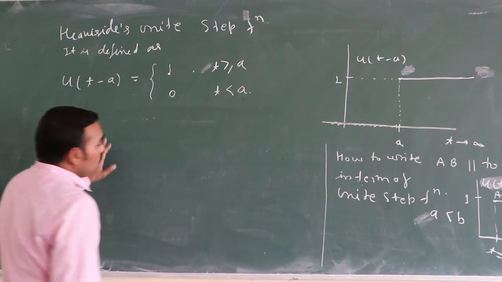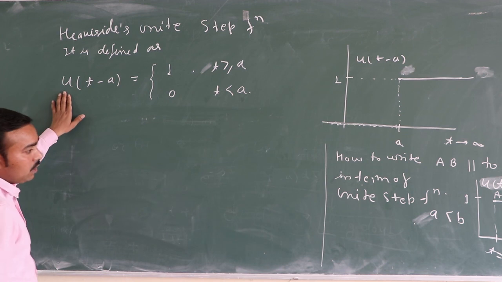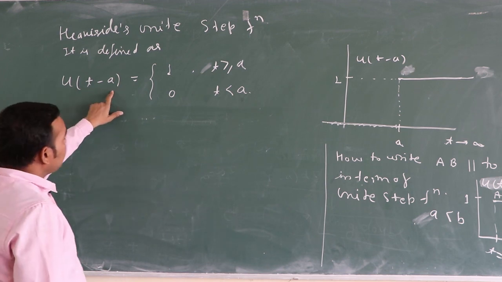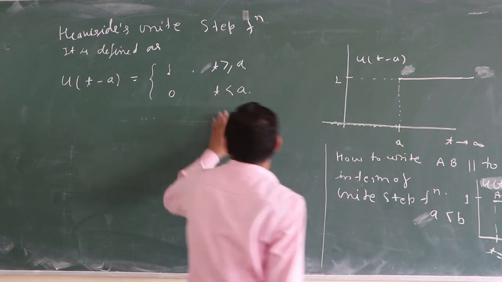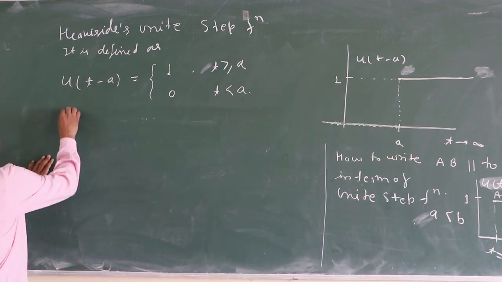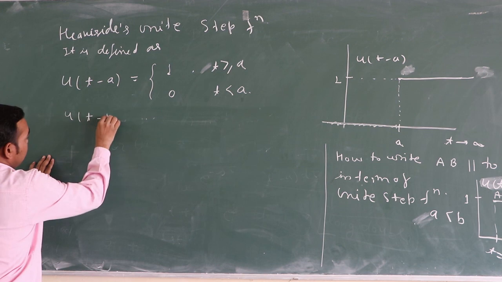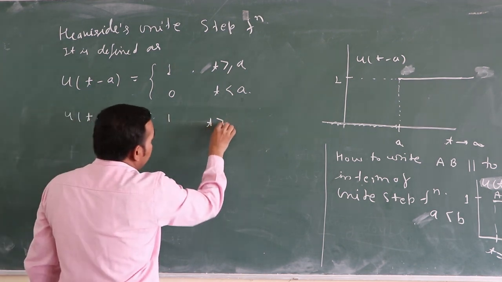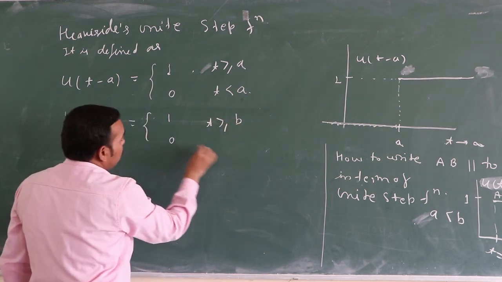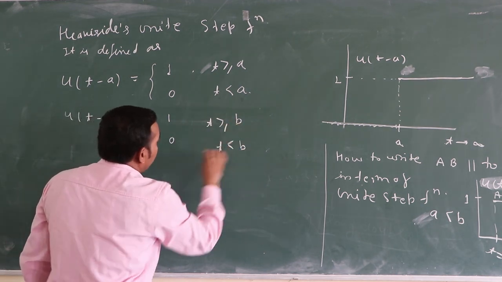As we know, for the unit step function u(t minus a), the value is 1 for t greater than or equal to a, and for u(t minus b), the value is 1 for t greater than or equal to b, and 0 for t less than b.